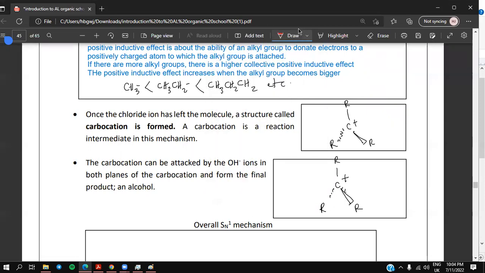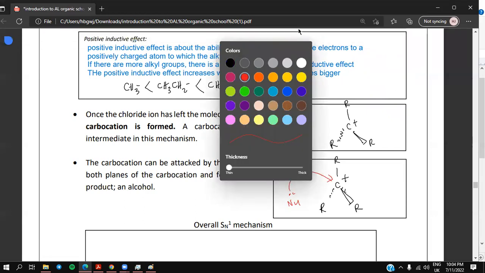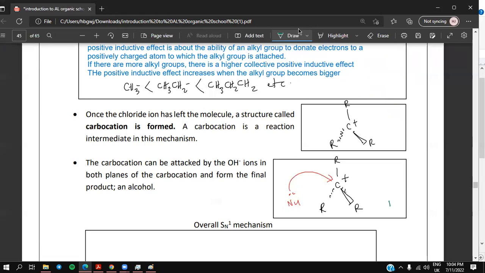So I show here a nucleophile with a lone pair of electrons can attack on the left-hand side, or else the nucleophile can attack this on the right-hand side as well. So a nucleophile can attack this carbocation in two different directions.